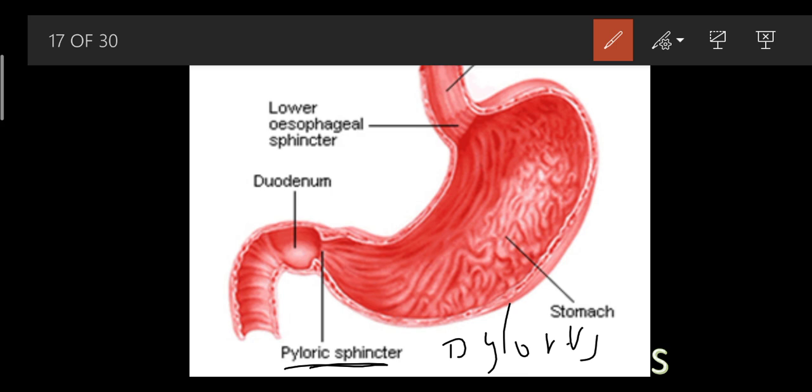Means the stomach part is ending out here, and from there would be the starting of the small intestine. So at the end of the stomach and start of the intestine, there is a muscle present called the pyloric sphincter.